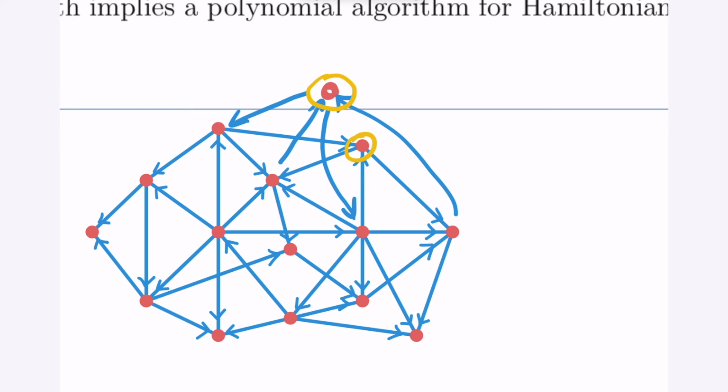Okay, so there's some path that includes both of these yellow things. I just drew some random lines. So why does this path give me a cycle? It would be great if it started and ended at these copied vertices, right?